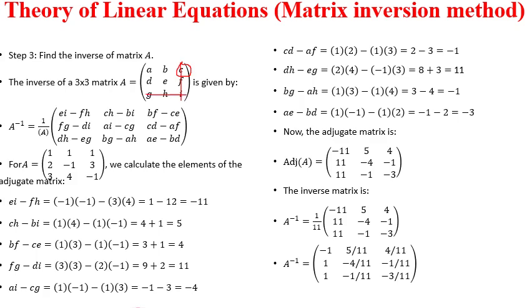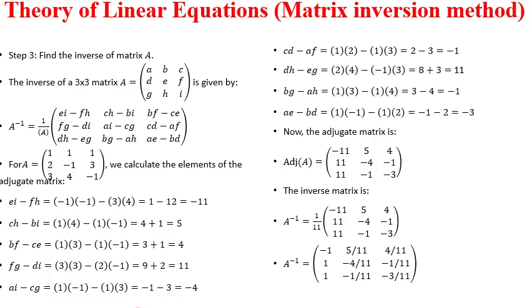The determinant of this one will not be alternated, and that will be AE minus BD.